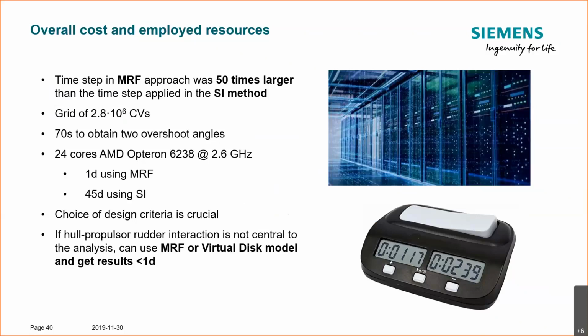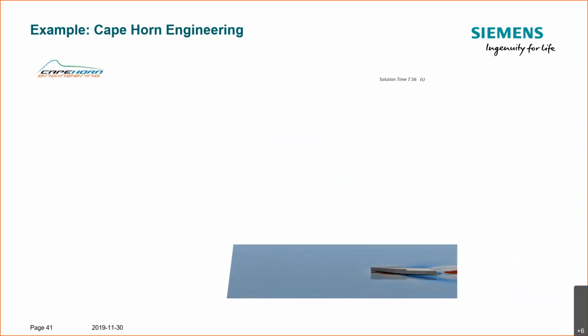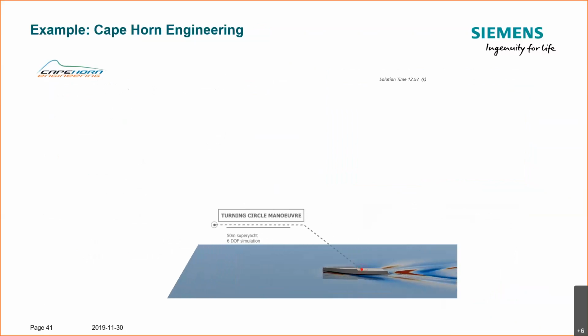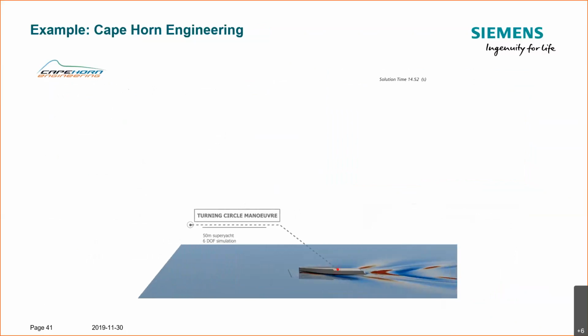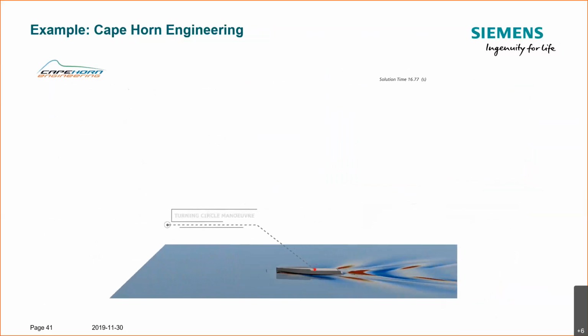And that's very good and anticipated to get even better as HPC resources and CFD methods like Star-CCM+ also improve. So let's wrap this section up: this animation has been shown before on various other platforms, from Cape Horn Engineering, kindly provided.